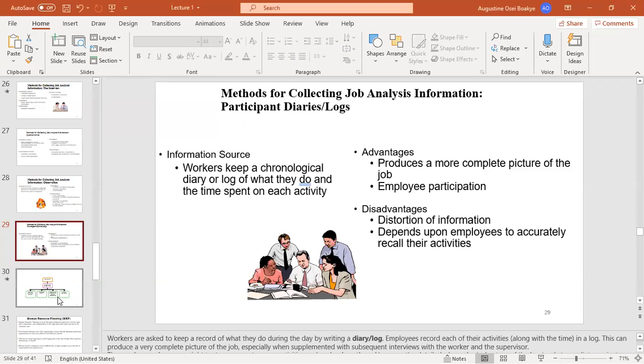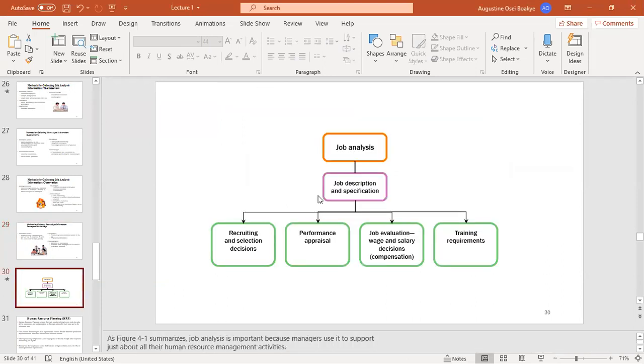Now, like I mentioned earlier on, when the job analyst is successful in gathering the job analysis information, they rely on that information to prepare what we call job description and job specification.